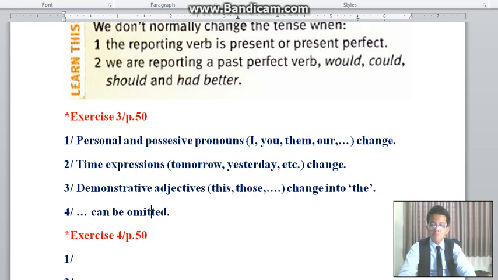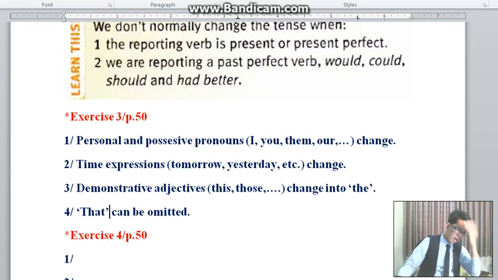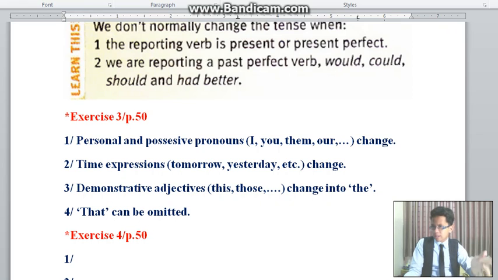What can be omitted in reported sentences? The word that. So you can say, he said that he would go to London the following day.